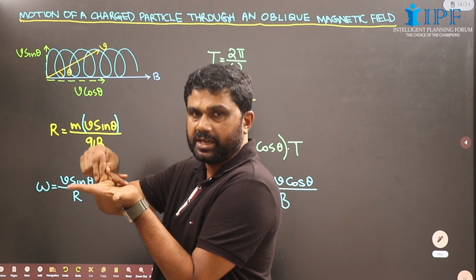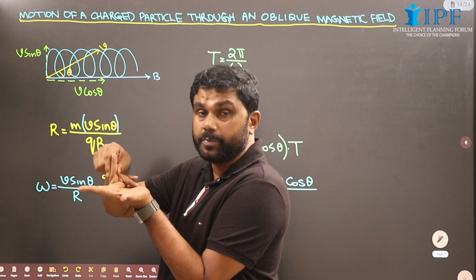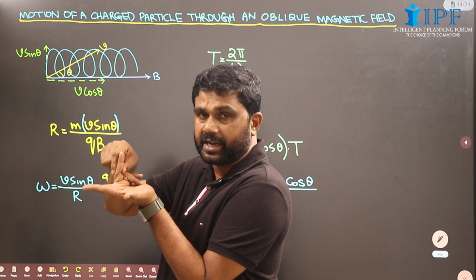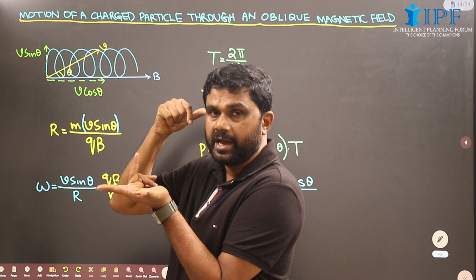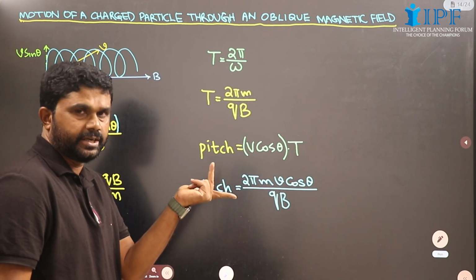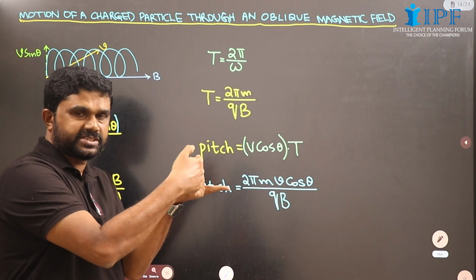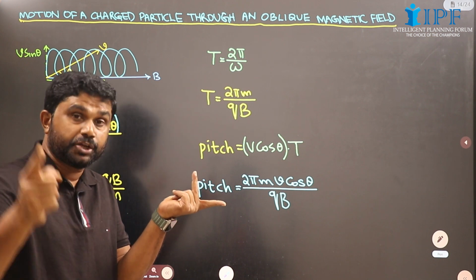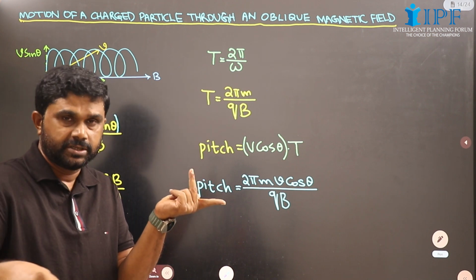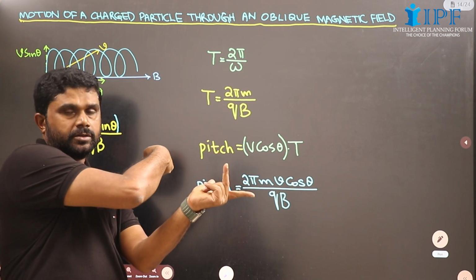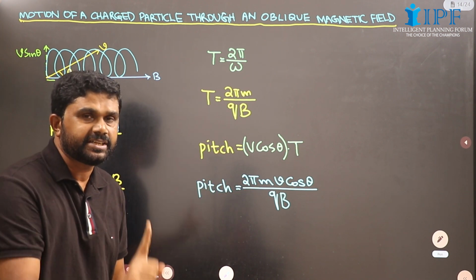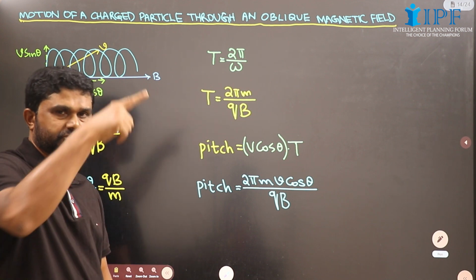The middle finger is to be pointed along the direction of electric current. The magnetic field is towards the right, so the forefinger must be towards the right. This is the direction of v sin theta, that is the direction of electric current due to the motion of the positive charge. This is the direction of the magnetic field, so the force will be inward. So this v sin theta will turn the particle like this.